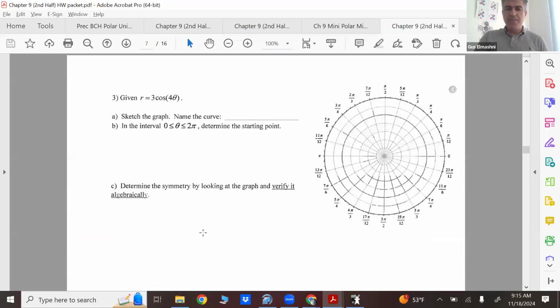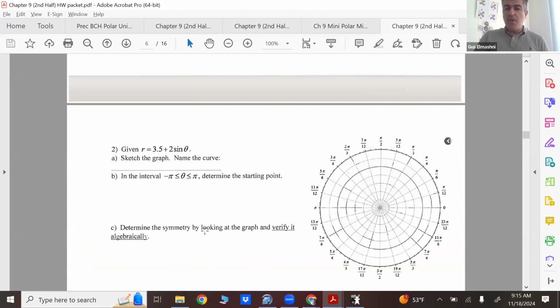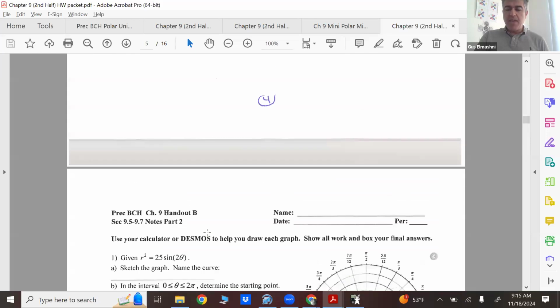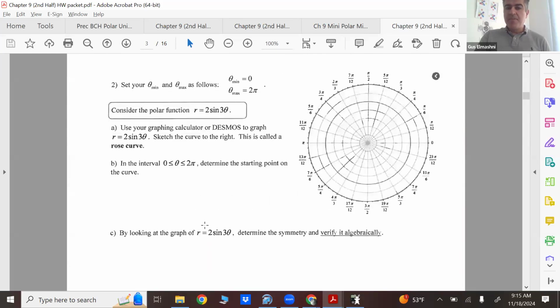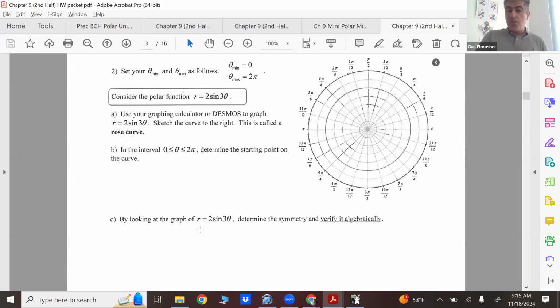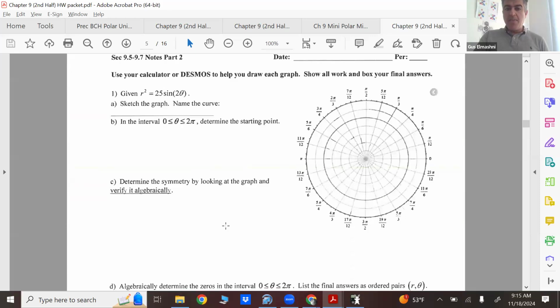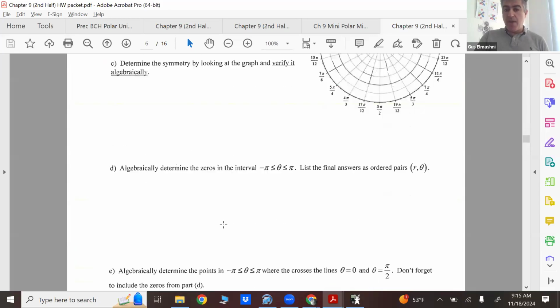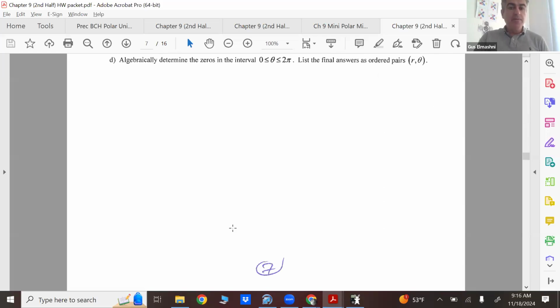That's too much. But since you do have a calculator, you guys get a head start now, if you want. We got 10 minutes. So yeah, we'll do number two of handout A, so pages 3 and 4, and then numbers 1 and 2 of handout B, pages 5 and 6. I'll remove number 3. We'll do that as a class tomorrow.